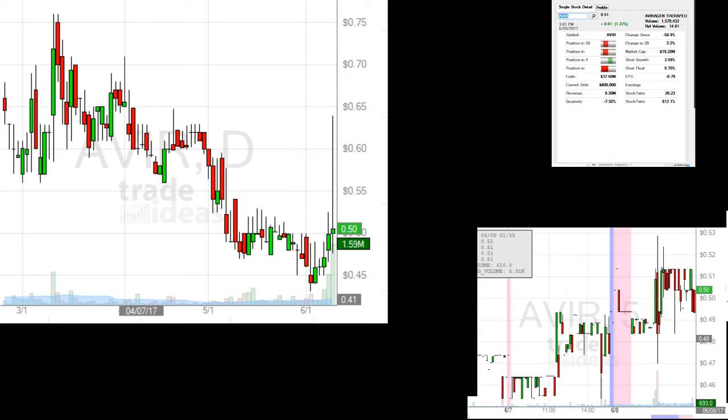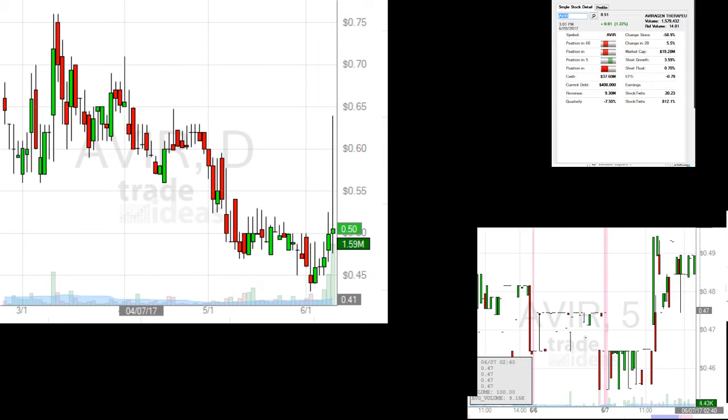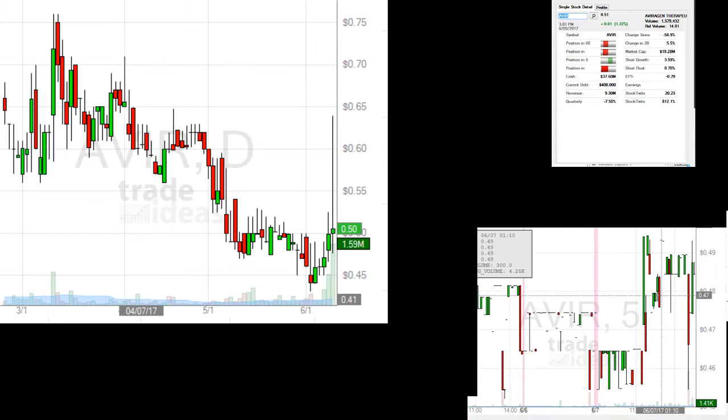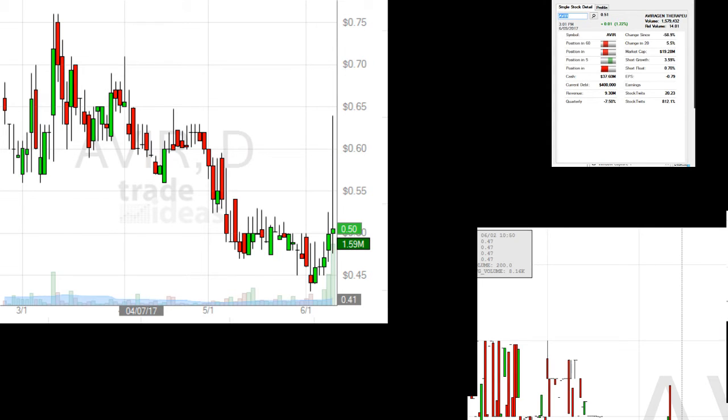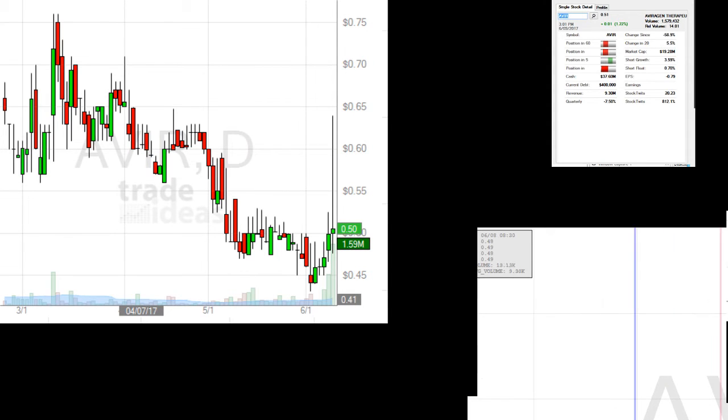Then you can see it dropped down to 45, with 45 to around 48 being the range, with 45 being the break.